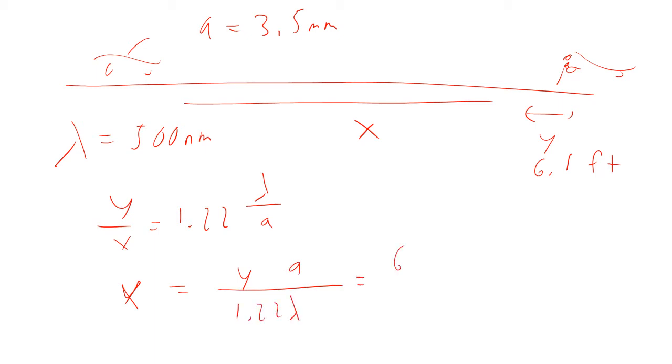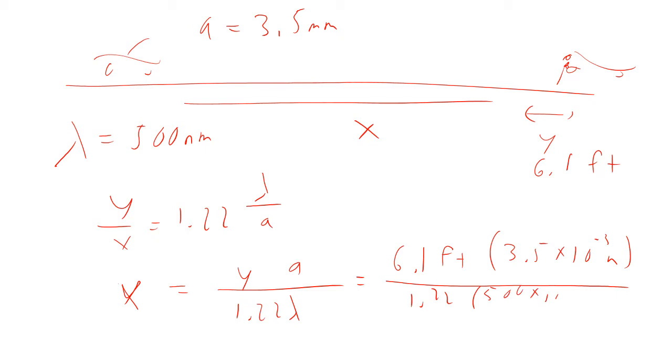So y is 6.1 feet, A is 3.5 times 10 to the minus 3 meters, 1.22, and lambda is 500 nanometers, 10 to the minus 9 meters. And if you multiply that out, we don't have to worry about feet and meters because the meters cancel and leave behind feet.